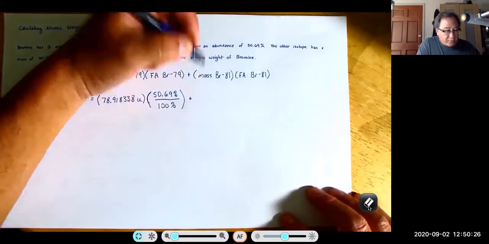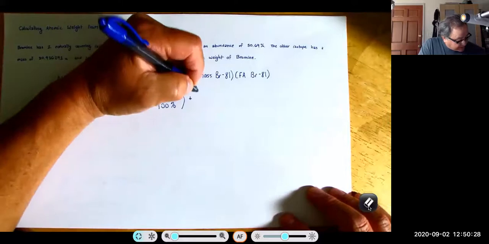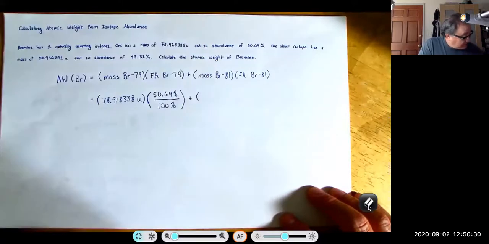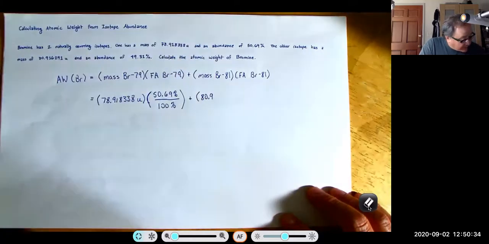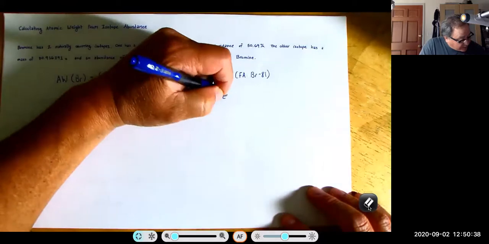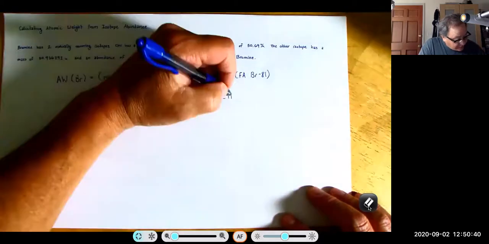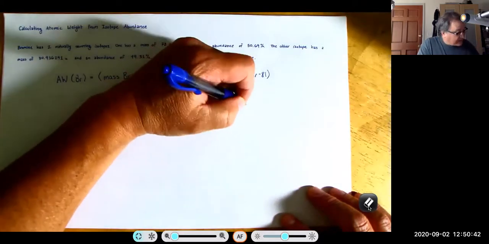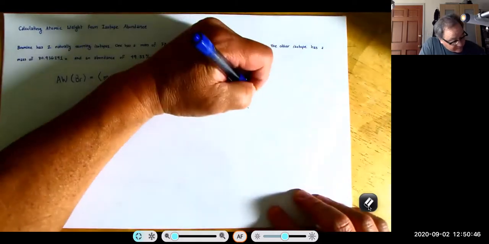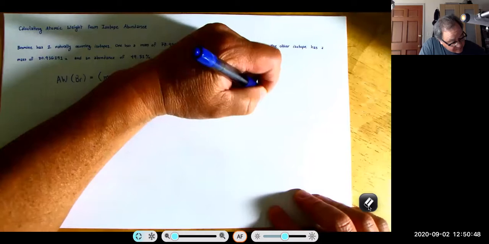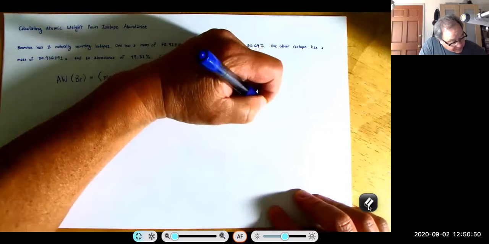It's far better than moving the decimal over two places. And then we have 80.916291 u, and then we have 49.31 divided by 100%.